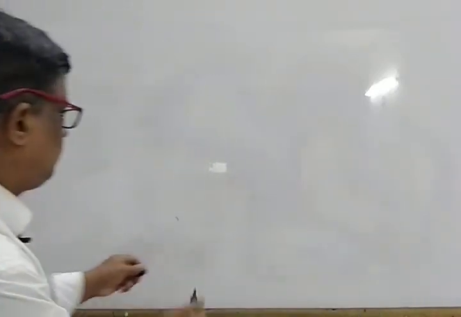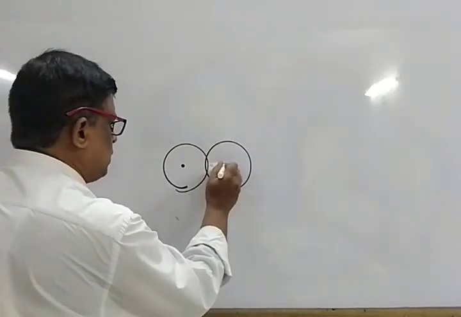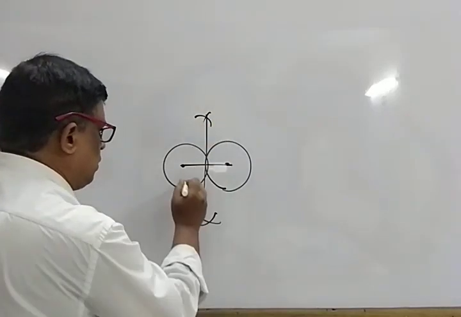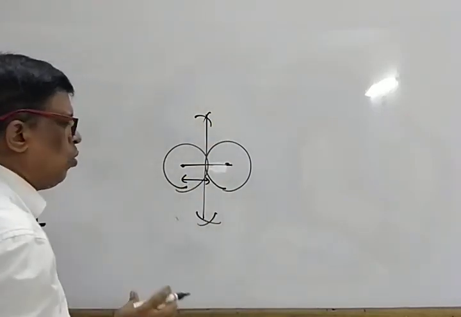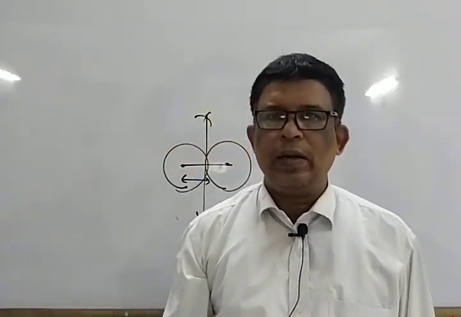Mark that. Join the centers and take the half. So this is known as covalent radius. Next, another one is van der Waals radius.